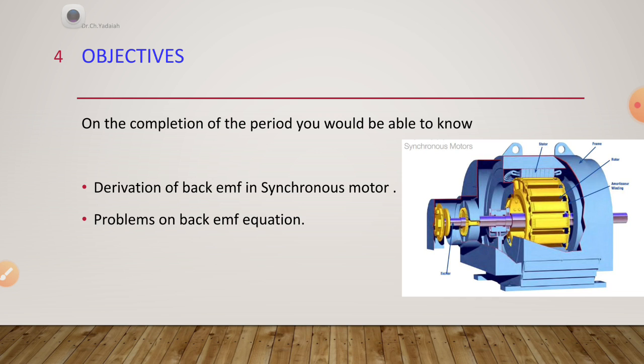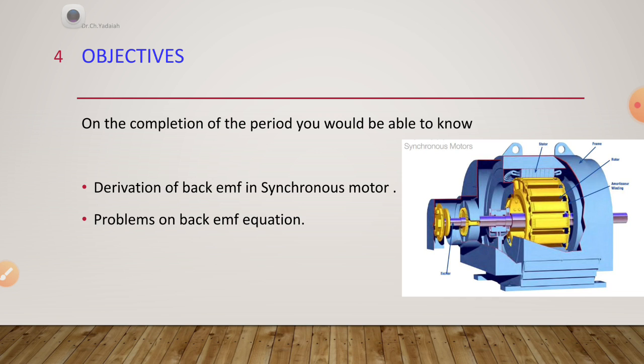A 3-phase AC supply is given to the distributed winding in the stator, and a DC supply is given to the concentrated winding in the rotor through slip rings.